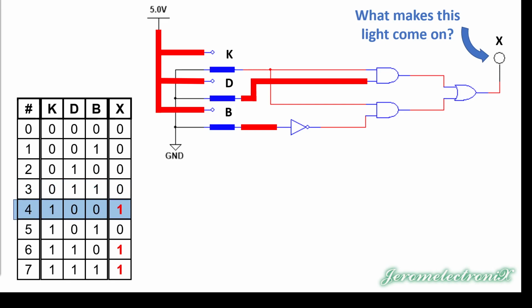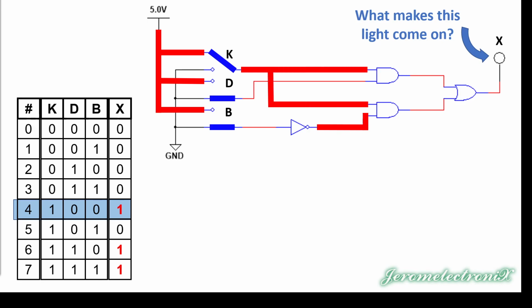But as you can see on the truth table, that output X is about to come on with combination row 4. Switching to row 4, we're actually depressurizing now the B line, which means after the NOT gate, the line is pressurized. Also, we're depressurizing the D line, D as in dog, and then we're pressurizing the K line. Now that K line splits and goes in 2 directions.